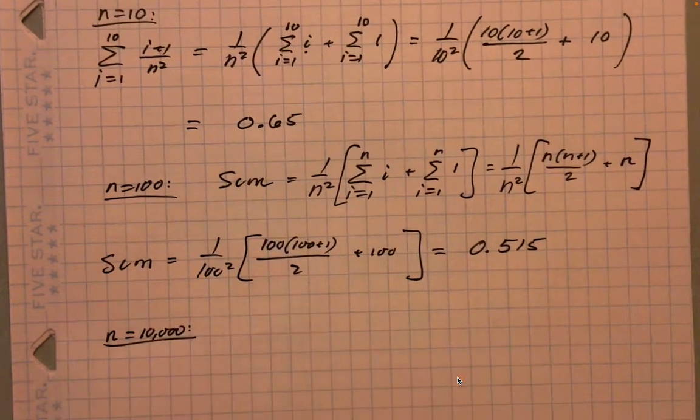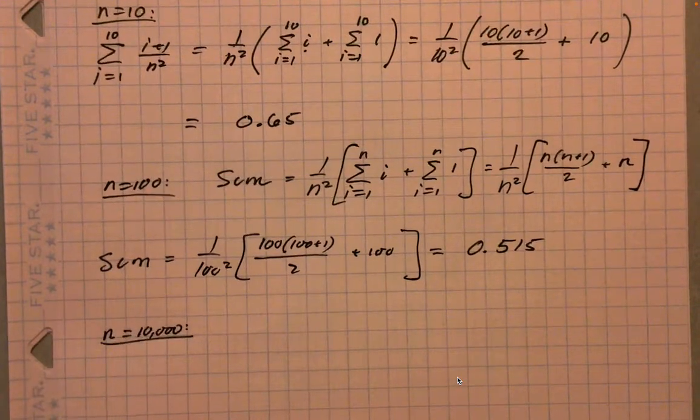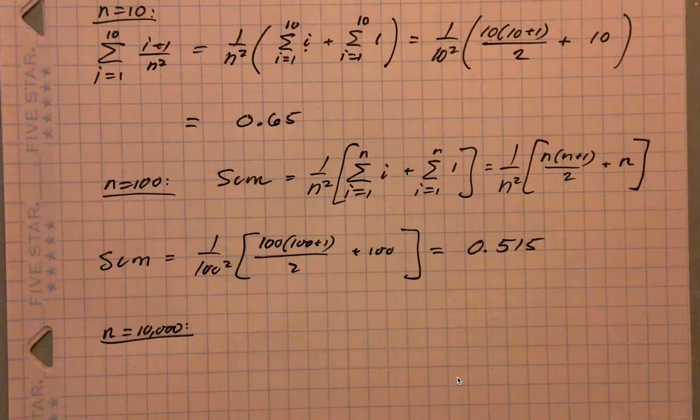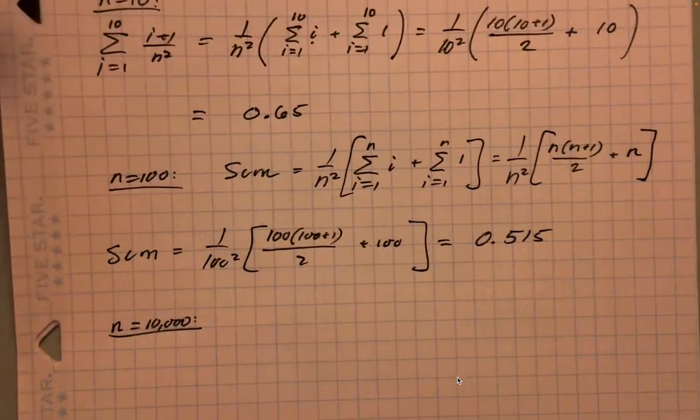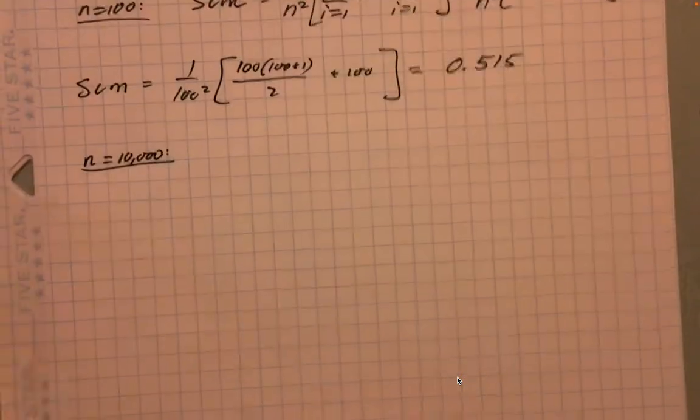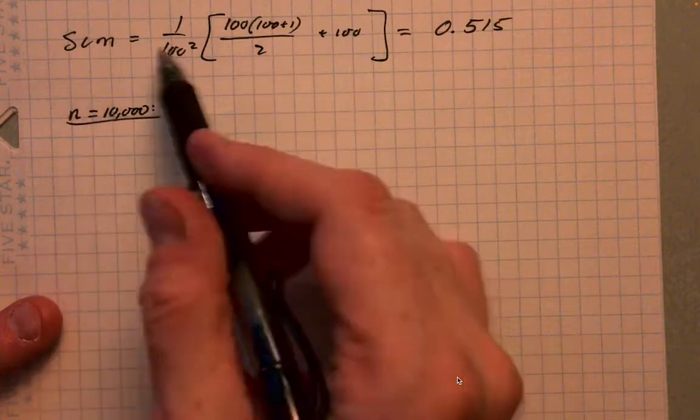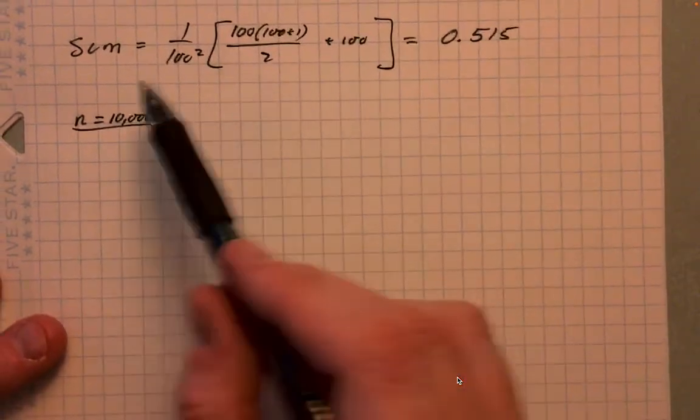Certainly wouldn't want to try to solve either of these examples using actual sums, i.e. 1 plus 2 plus 3 all the way up to 10,000. But it's relatively easy to do when you follow the formula here.